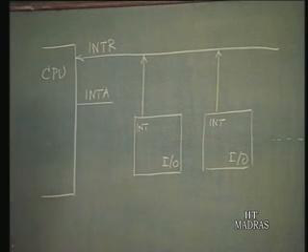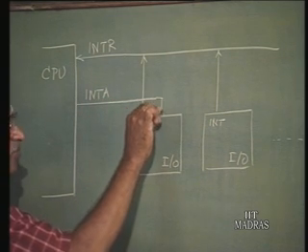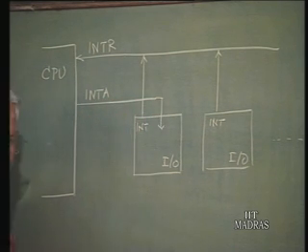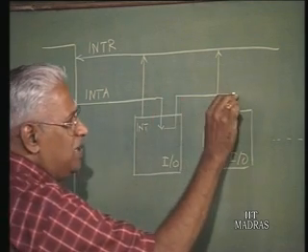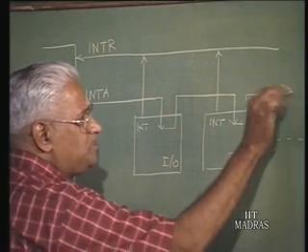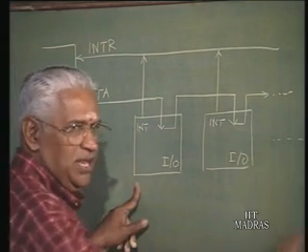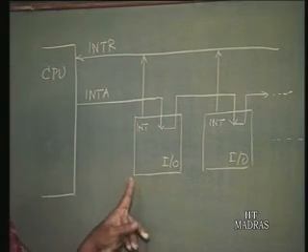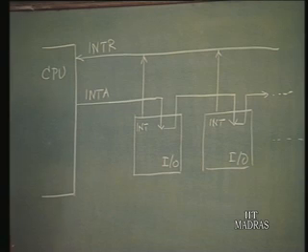Now, one scheme can be that the interrupt acknowledge signal goes to one device and then to the other device and then so on. Shown this way, what does it mean? You may be having n devices, and any one of these n devices may generate an interrupt signal.